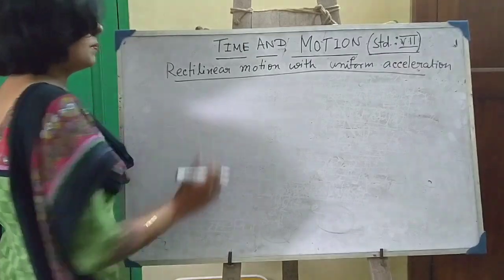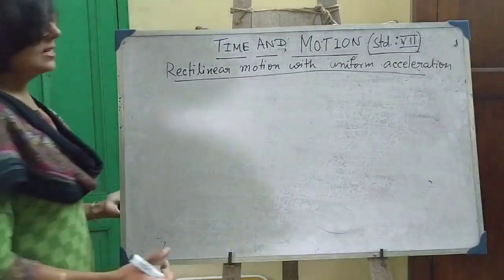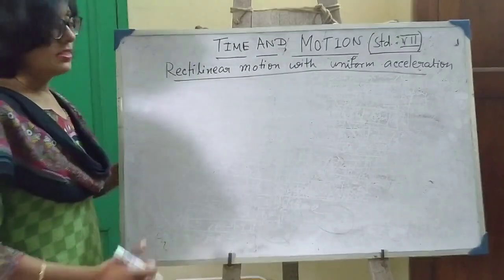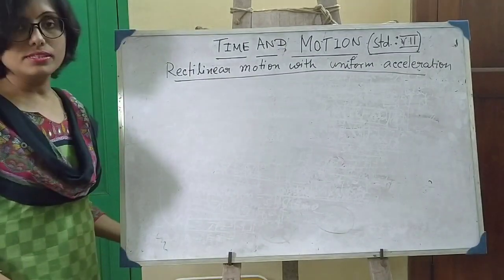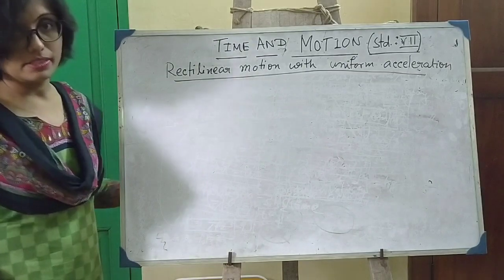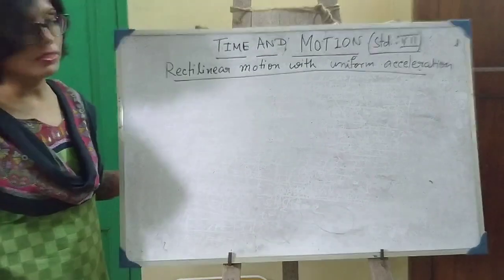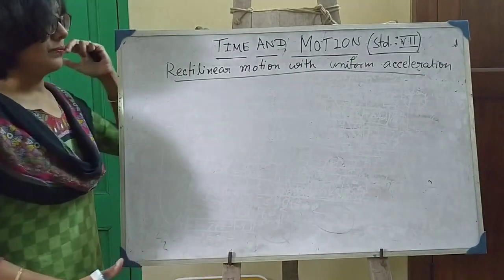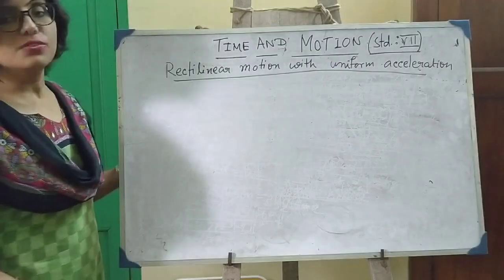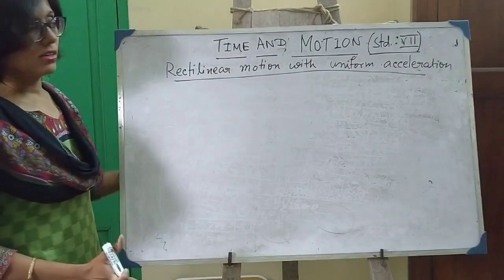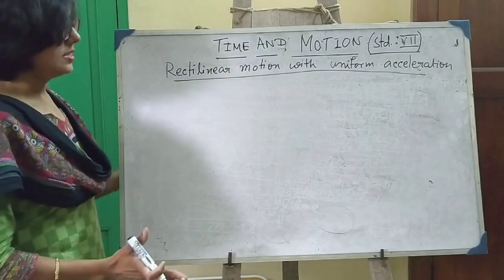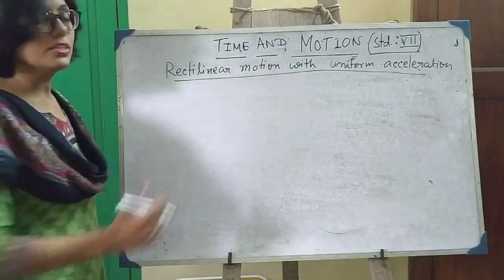So in this topic we are going to find some equations, means some relations between the initial velocity, the final velocity, the time taken by the body to acquire the final velocity, and the acceleration or retardation of a body. We shall find some equations, and those are known as equations of motion.